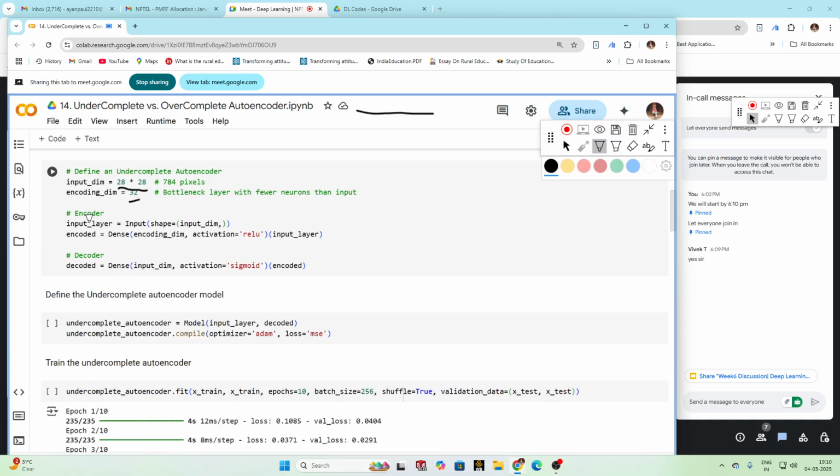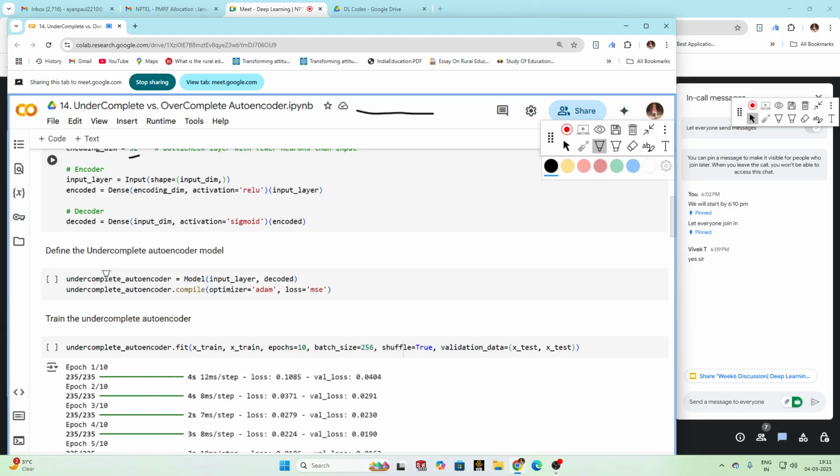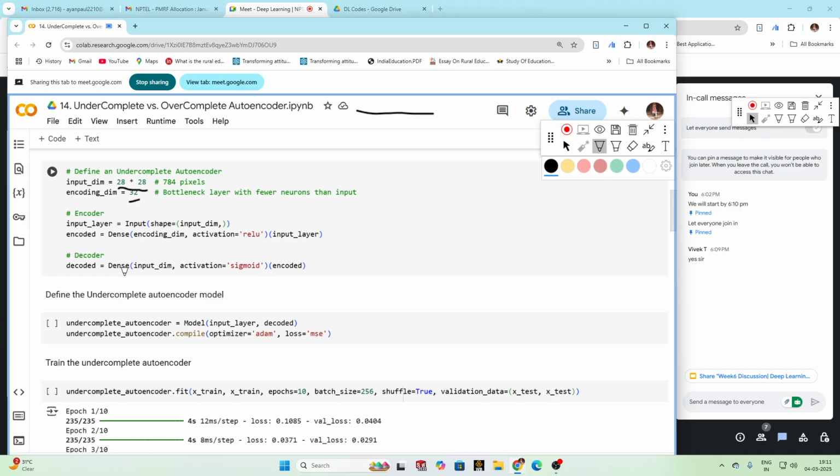Okay, and this is the encoding part, and then we will decode the output. The number of neurons in the decoding layer will be equal to the number of neurons in the input layer only.